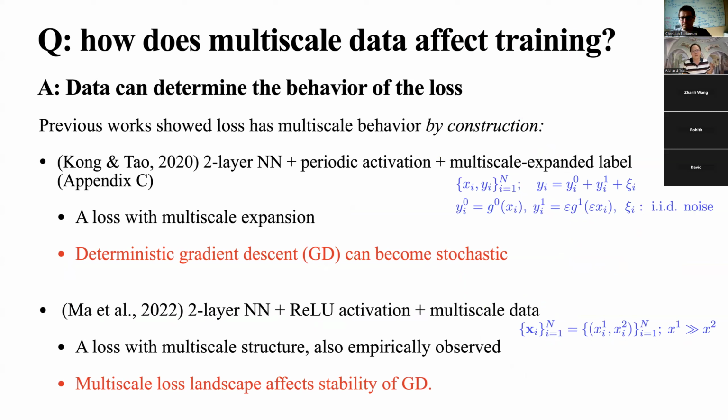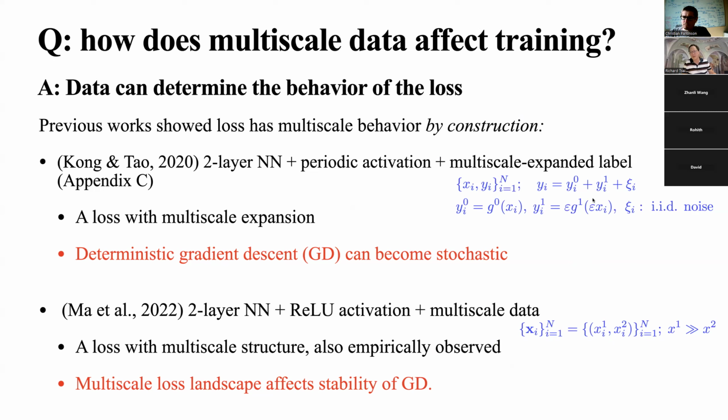So let's acknowledge that, and then we can ask, how does a multiscale data set affect training? The first thing that we find is that the data set can determine the behavior of the loss function. We're highly motivated by the following two works. The first is by Kohn and Tao, where they consider a two-layer network with periodic activation.